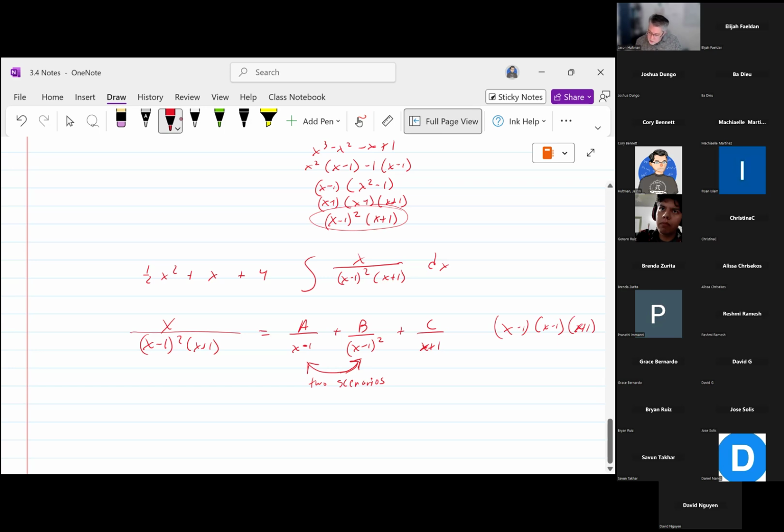But I do have a repeated factor here, and so I have to take into account that there could be two scenarios. Again, if there's not, then one of these would be 0 or they would cancel out. Unfortunately, in this case, nothing cancels out, so the two scenarios do hold. We have a value that has x minus 1 as the denominator, and we have a value that has x minus 1 squared as the denominator.